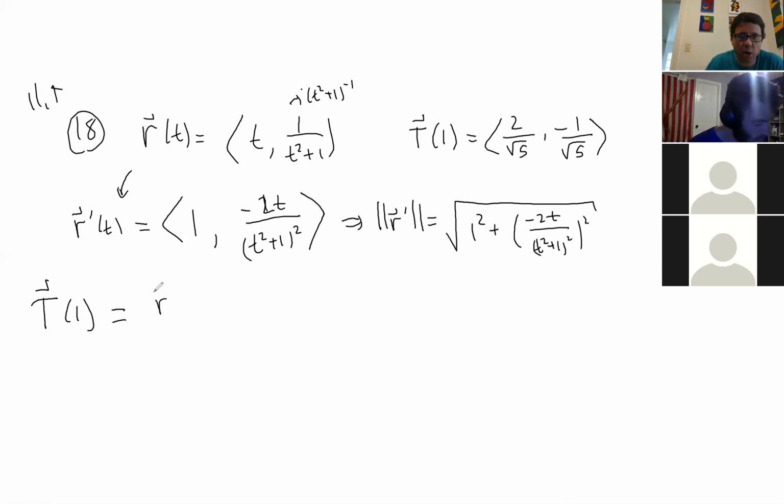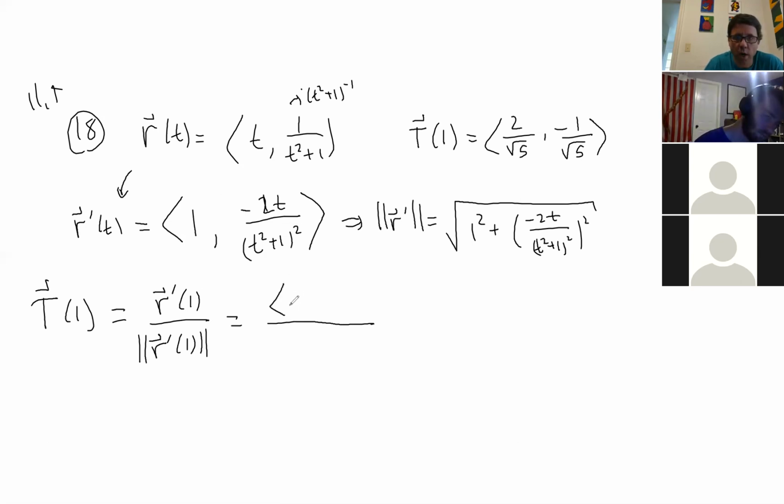This is going to be r prime at 1 divided by r prime at 1's length. So instead of doing all the algebra and working this out, let's just plug it straight into here. So what happens if I stick 1 into this derivative here?